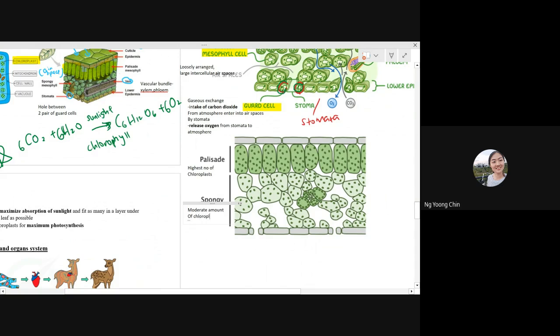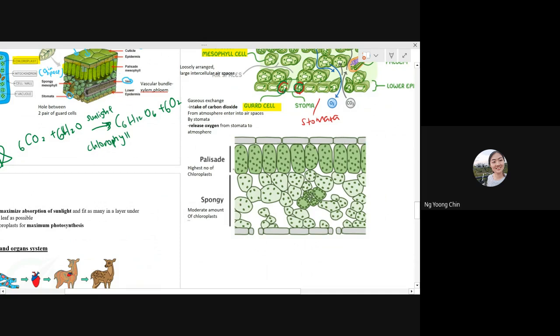So the reason that the palisade mesophyll cells contain the highest number of chloroplasts is that they are located on the upper epidermis of the leaf. You can see it just below what we call the waxy cuticle layer.